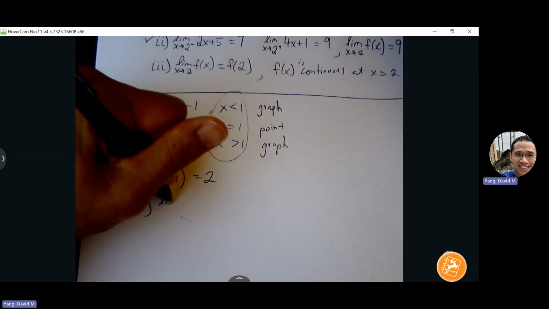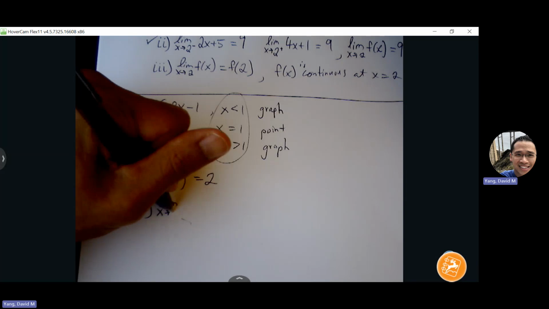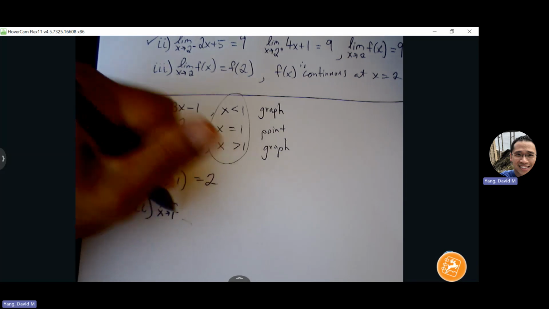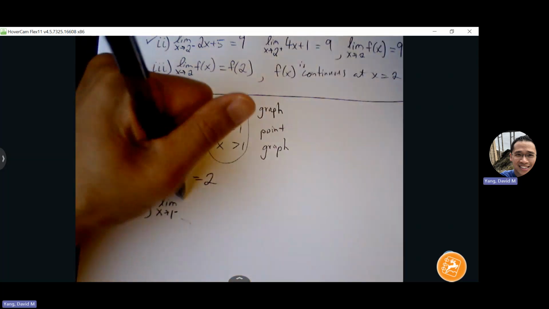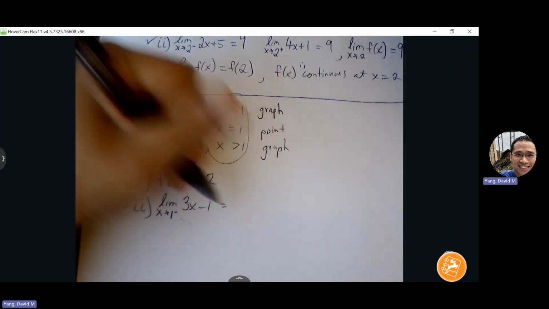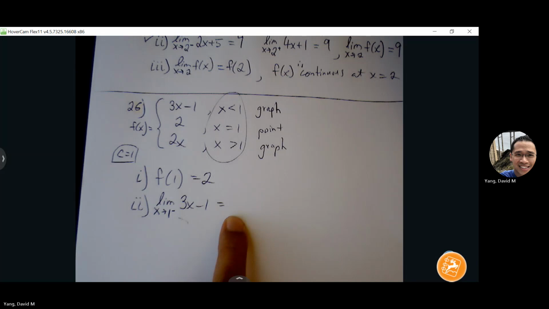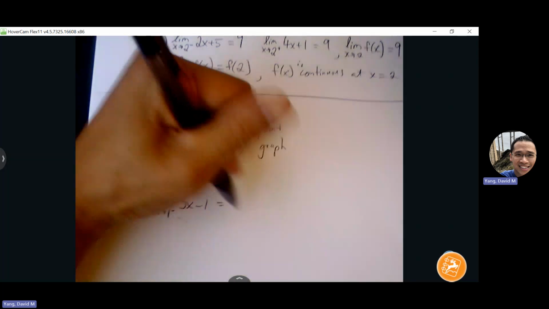So let's start with the left side of 1. Approaching from the left side of 1, which function is this referring to? 3x minus 1. Okay, plug 1 in. What do we get? 2, right? 3 times 1 is 3. 3 minus 1 is 2.